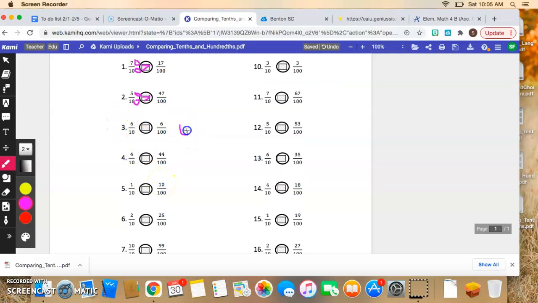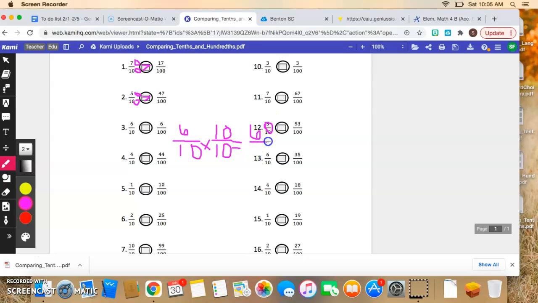Okay, I'll write it out for you. 6 over 10. We need to get our denominator, so my 10, to get to 100. So I know I need to multiply it by 10 tenths. So we know that 6 times 10 is 60.